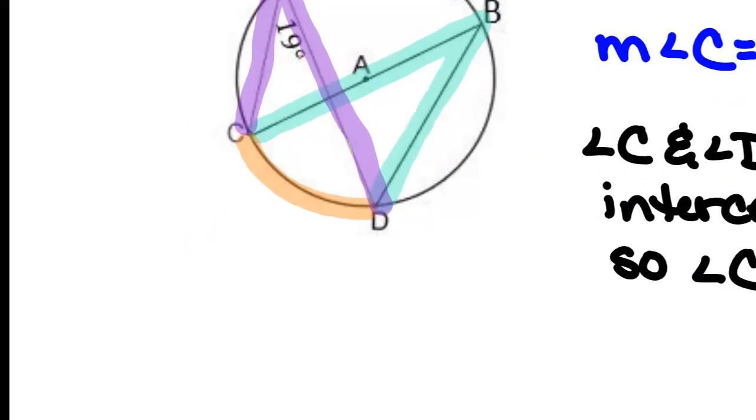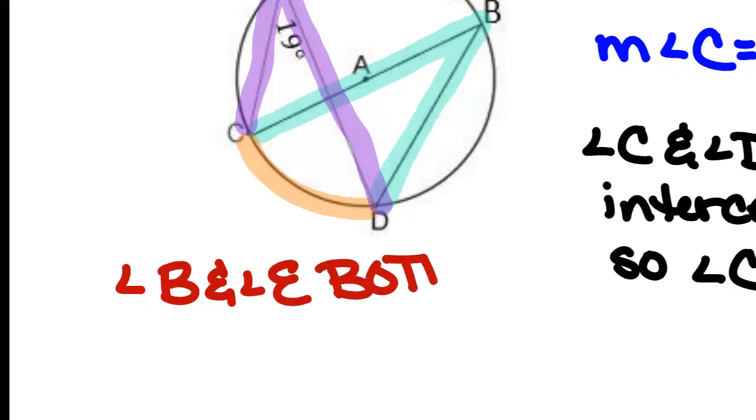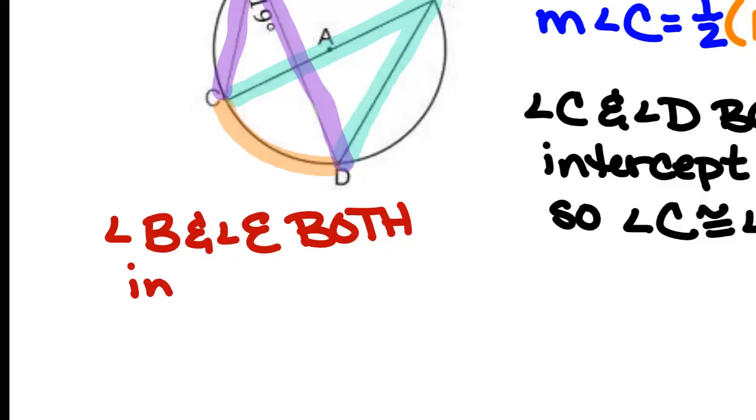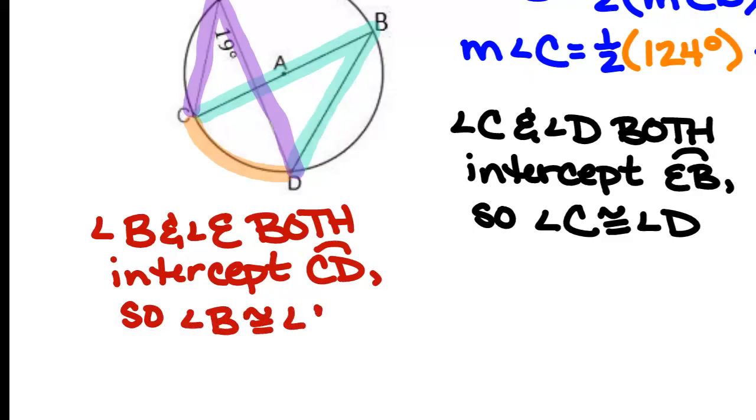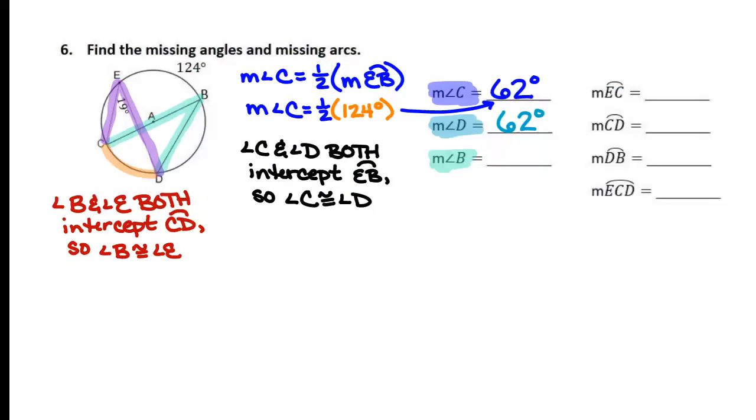So we have angle B and angle E both intercept arc CD. So angle B is congruent to angle E. Do we know how big angle E is?